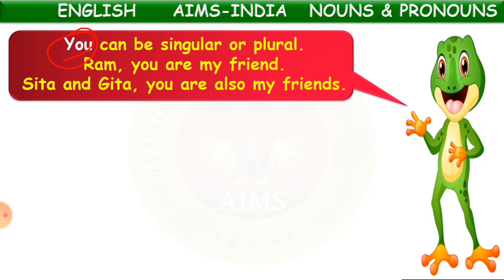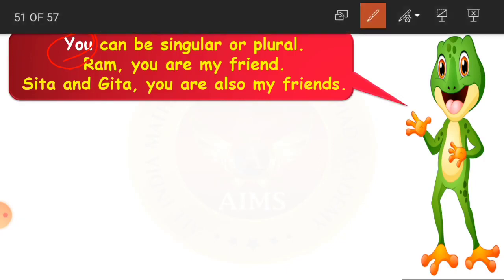But in the second sentence, Sita and Geeta, you are also my friends. So Ram is my friend, and Sita and Geeta, you are also my friends.